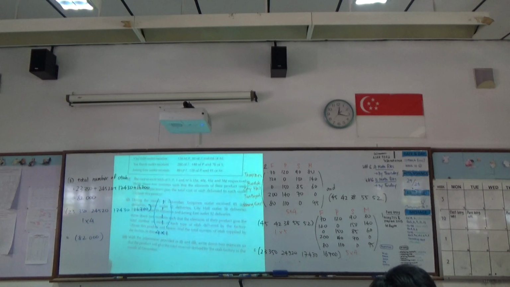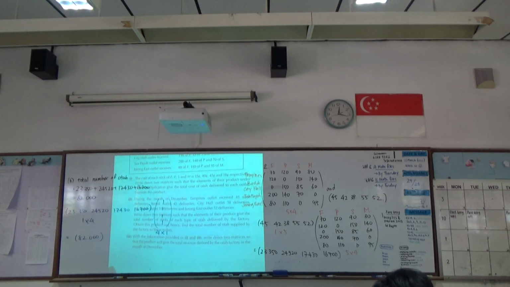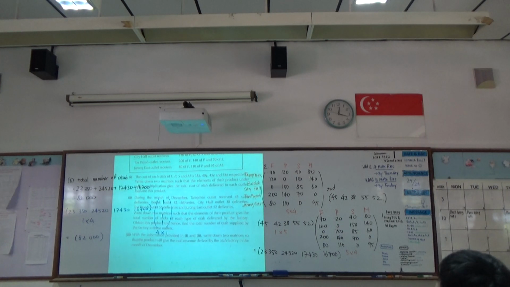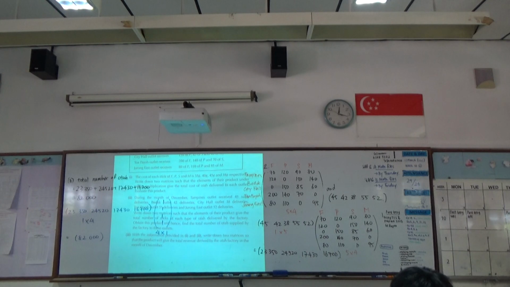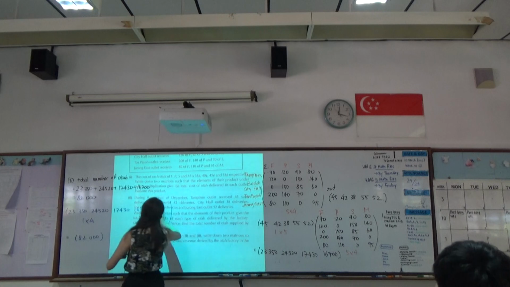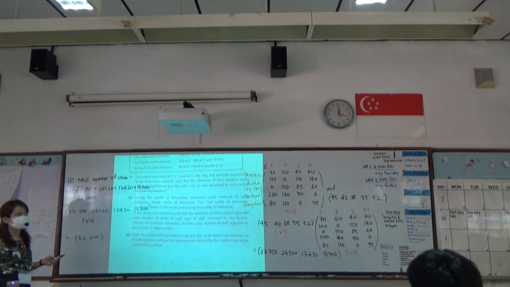Okay, next we look at part 3. With the information provided in part 1 and part 2, we want to write down two matrices so that the product will give the total revenue by the OTA factory in the month of December. In part 1, we have a matrix for the total cost of OTA delivered to each outlet.